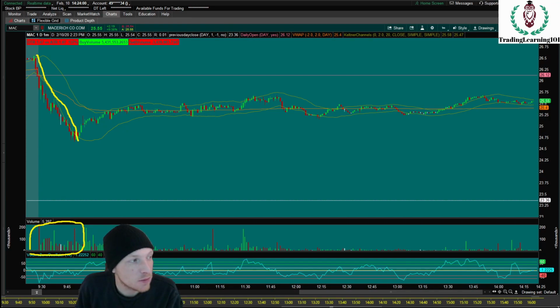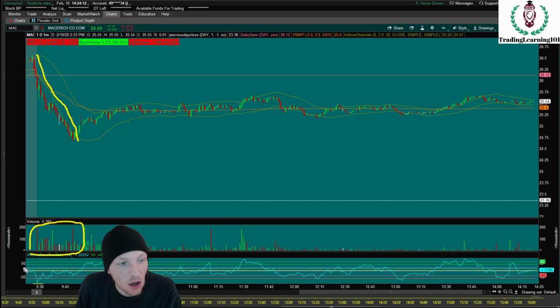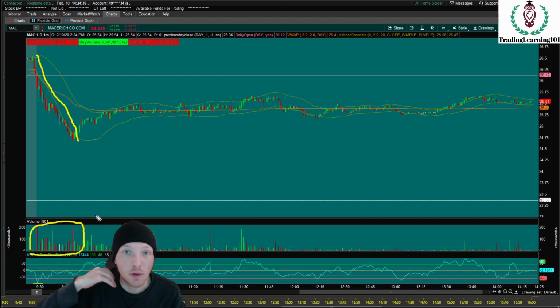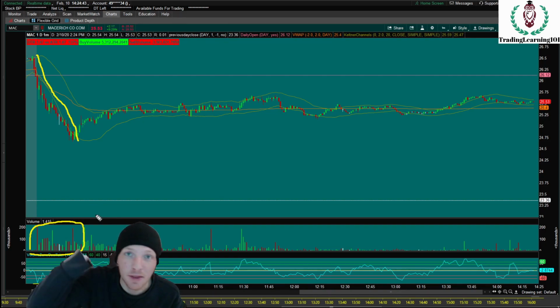And with the volume zone oscillator way down here, just selling off right from the zero line all the way down to below the -60 into the very oversold area. You can look at this as if it's like another version of the RSI. You have your oversold conditions at the bottom, and you have your overbought conditions at the top.